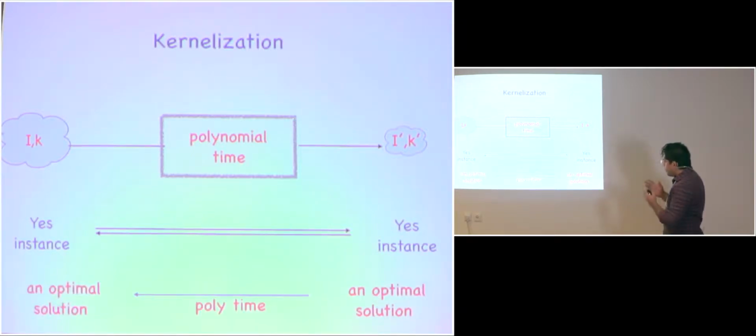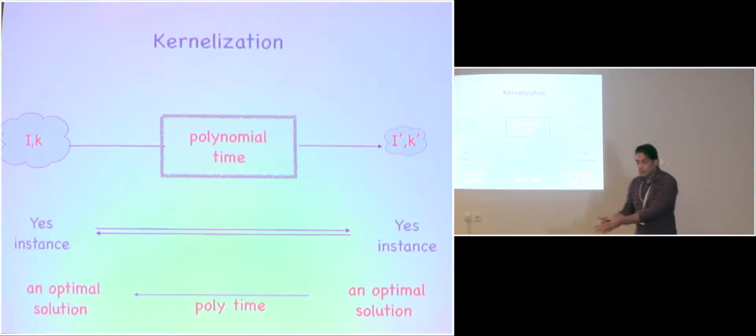And what you've seen so far essentially translates to the following. What you can guarantee is that an optimal solution here can be transformed into an optimal solution here in polynomial time. Because this is how you were proving the correctness of these reduction rules. You were always proving that if G, k or I, k is a yes instance, then here's a solution for I prime, k prime.